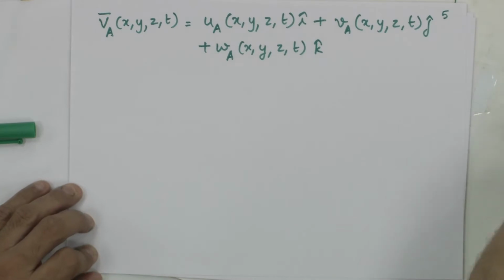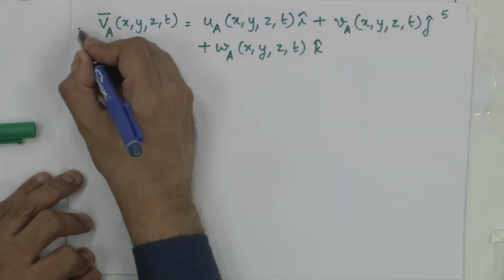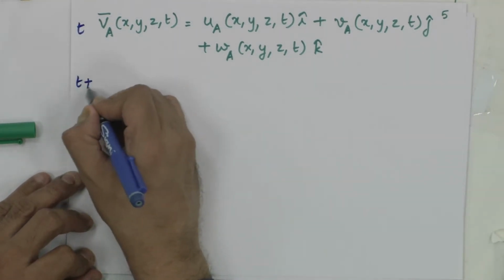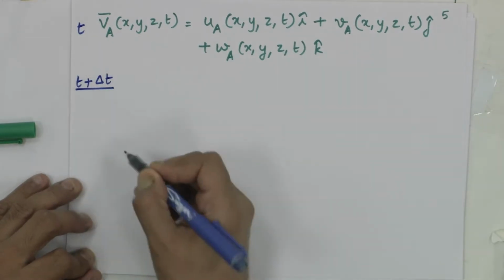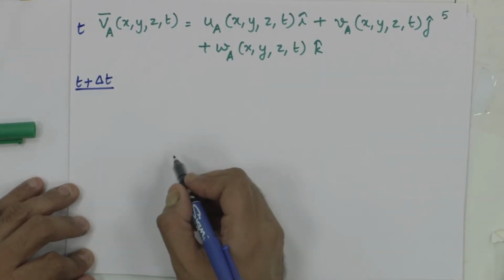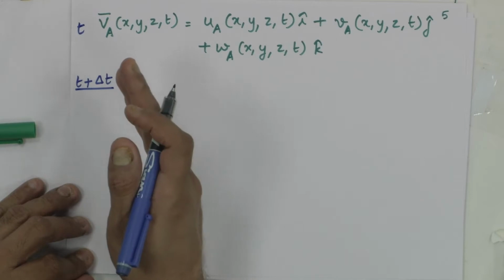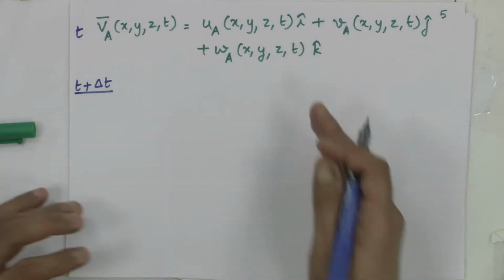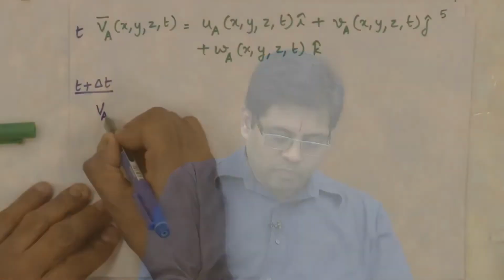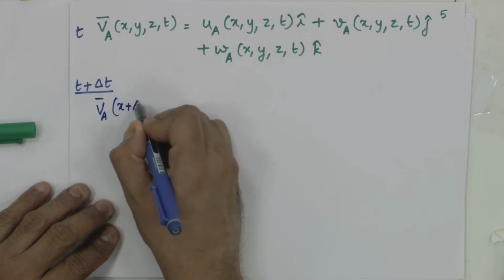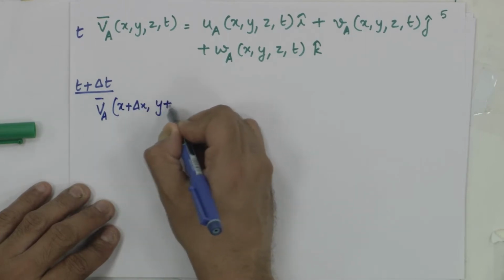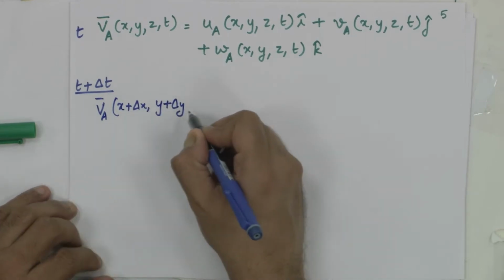Now, let us write it for time t plus delta t. At time t plus delta t, it has moved from x to x plus delta x. Delta x could be 0 for all you care, but in general the position would now be x plus delta x, y plus delta y, z plus delta z, and delta y could be negative also.